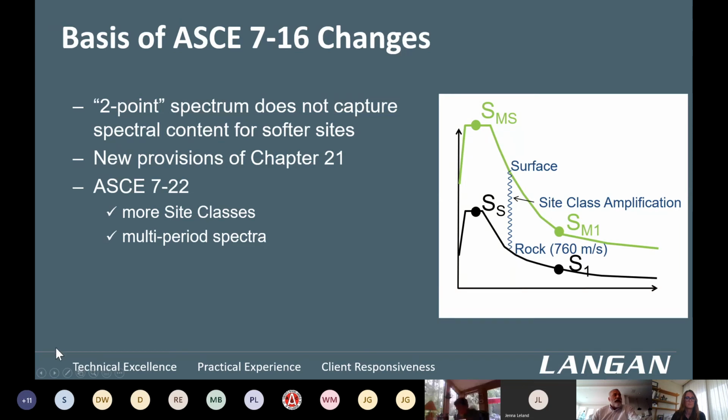And to give you a flavor of what things will come, not in the immediate future, but in maybe 5-6 years, this is the new version of the ASCE 7, which is ASCE 7-22, and I'm involved with that standard. There will be more site classes, and we will do away with this two-period spectral values.